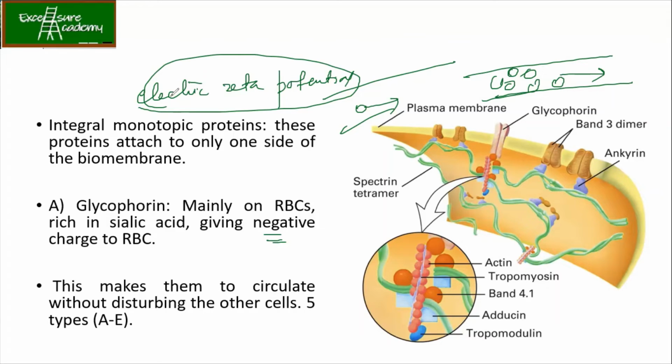Because of which, जब भी कोई भी RBC दूसरे RBC के पास आता है, because of the negative charge, both the cells are having negative charge, so they are going to repel. Correct? And because of this repulsive force, they are not getting attached or forming aggregates. So this is the reason why we need negative charge on the RBCs. Clear? Now it is clear?